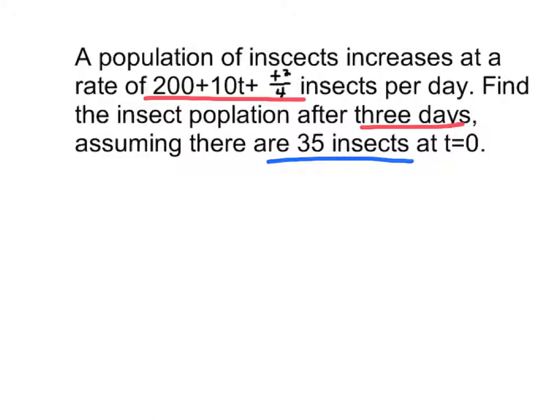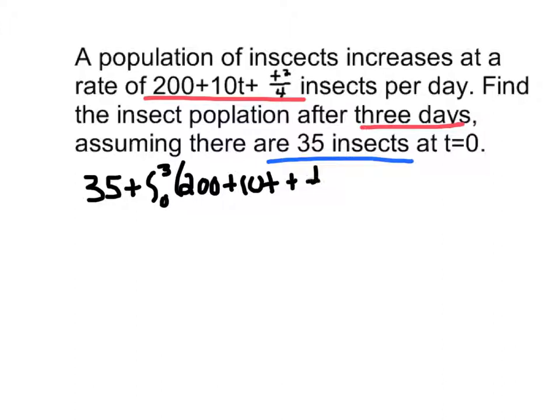So to set up that equation, I would say the total amount of insects after day 3 is going to be 35, the initial insects, plus the integral from 0 to 3 of 200 plus 10t plus 1/4 t squared dt. Again, reading the problem is important and understanding the initial condition. Essentially, that 35 is acting like our plus c.